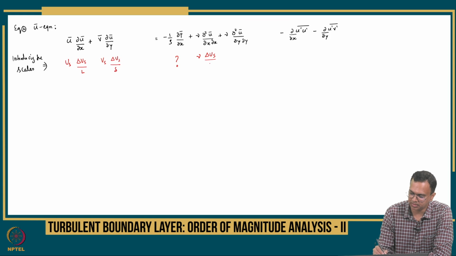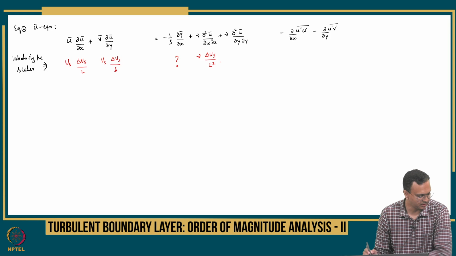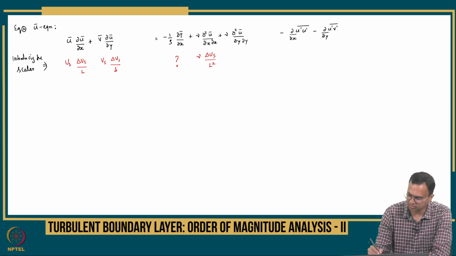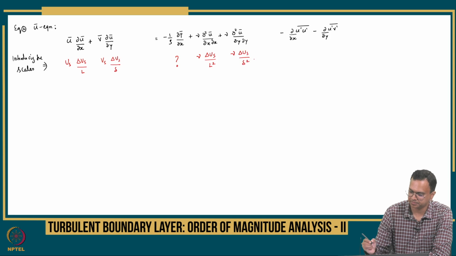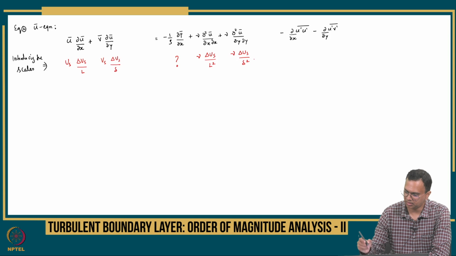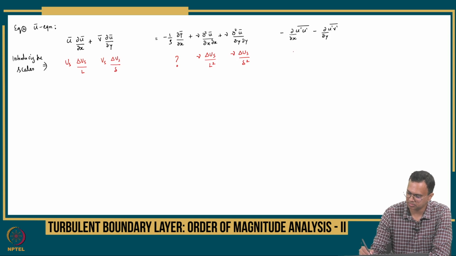So this will be nu delta Us by L square, and this will be nu delta Us by delta square. Simply introducing the scales. And for the turbulent quantity, this is u square, a single turbulence velocity scale, u square by L, and this is u square by delta.